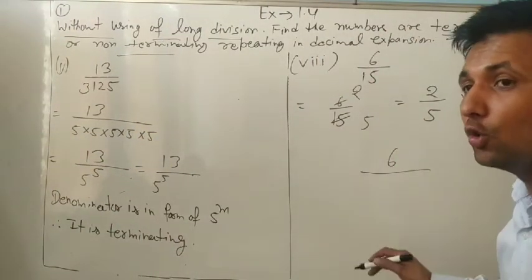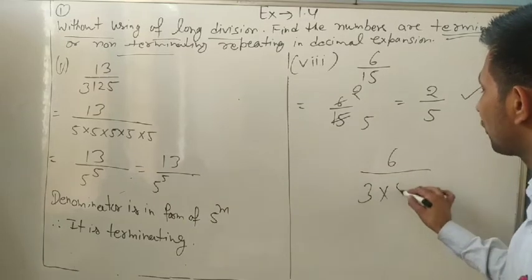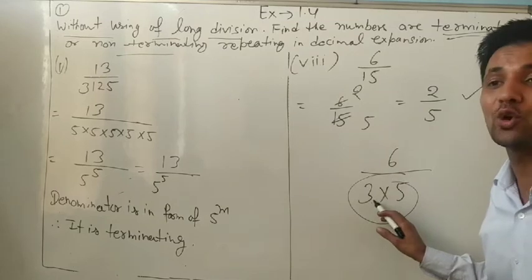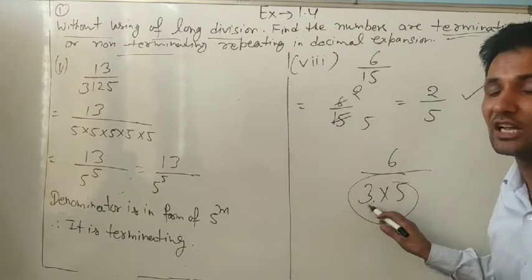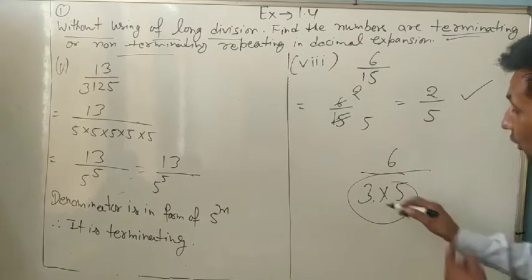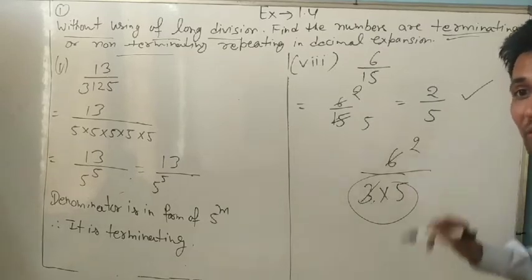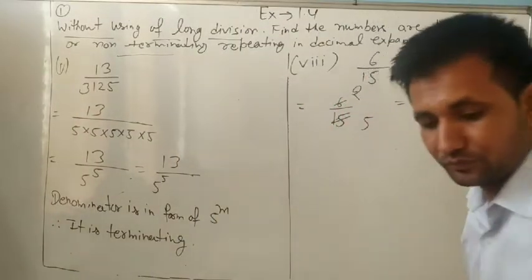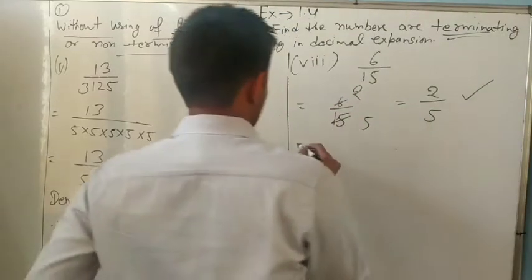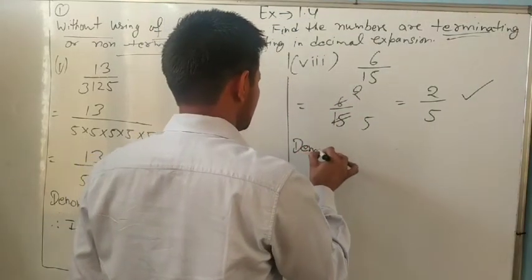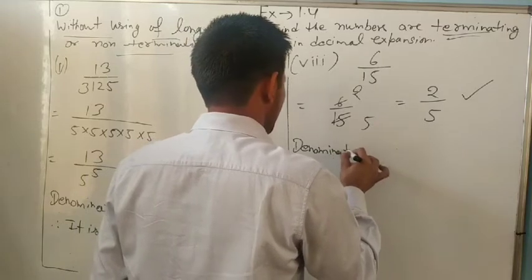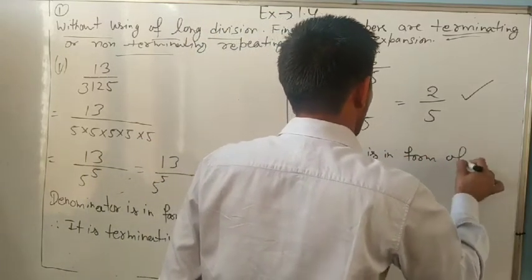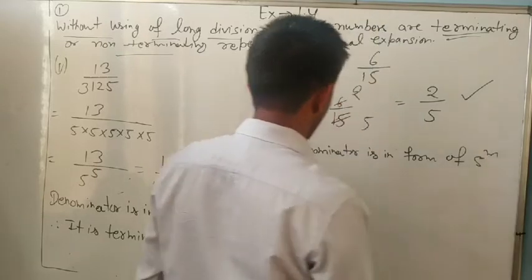Don't say it directly like this: 6 into 15 is 3 into 5, sir, in the denominator 3 is there, it is not of the form 2 and 5 because of 3, so it is non-terminating. No, first we have to cut, then we will check it. Understand, Anis? So we will write: the denominator is in the form of 5 to the power m.